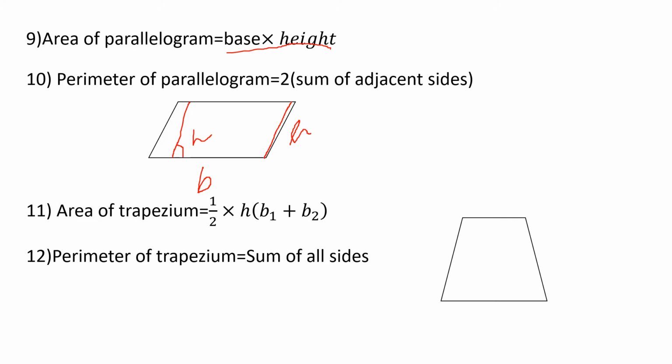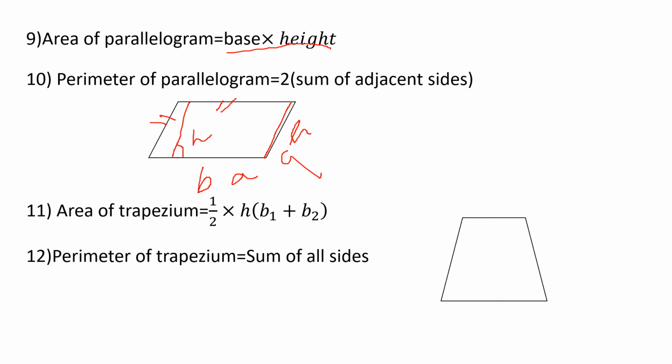Then the perimeter of a parallelogram, 2 into sum of adjacent sides. Here what are the adjacent sides? Adjacent sides means which are nearby. This side and this side are adjacent sides. So adjacent side means the nearby side.